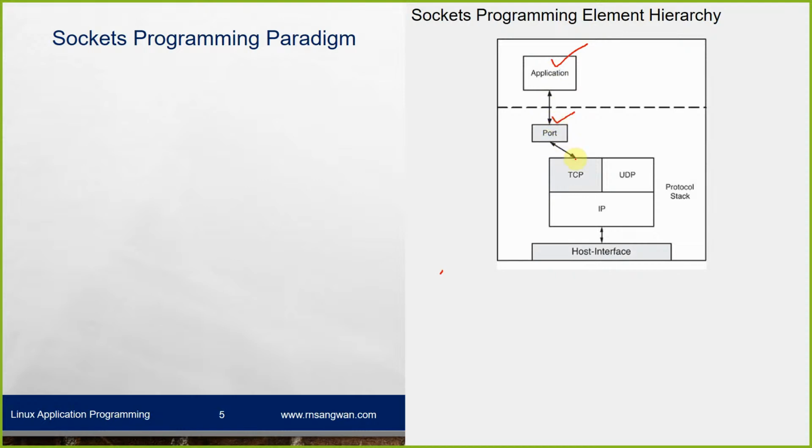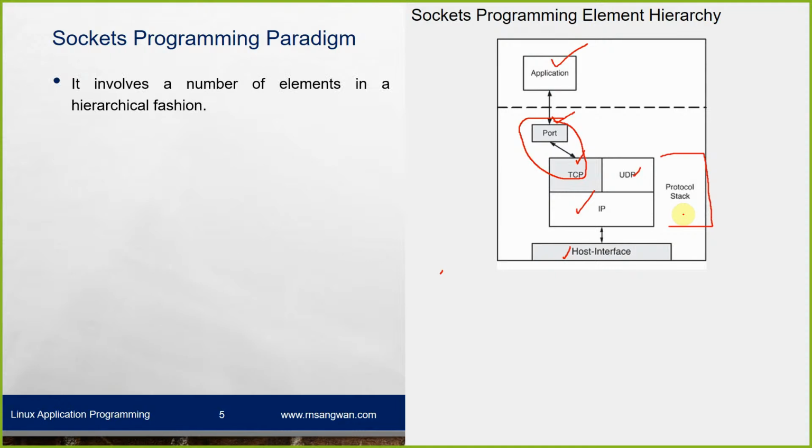The port corresponds to the protocol, so it is always a combination of IP address and port, whether it is TCP or UDP. And then we have our Internet Protocol and the host interface. So this is the protocol stack where we are using TCP over IP or UDP over IP. It involves a number of elements in a hierarchical fashion.